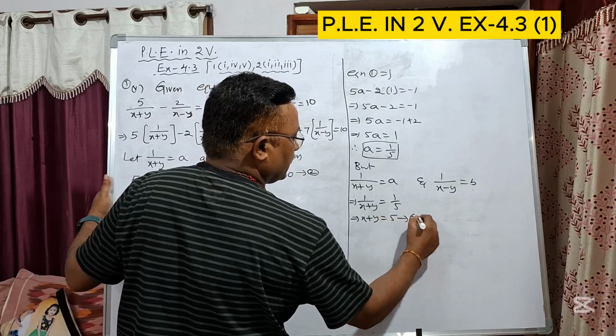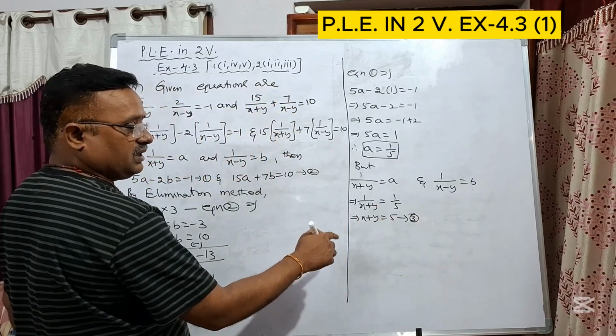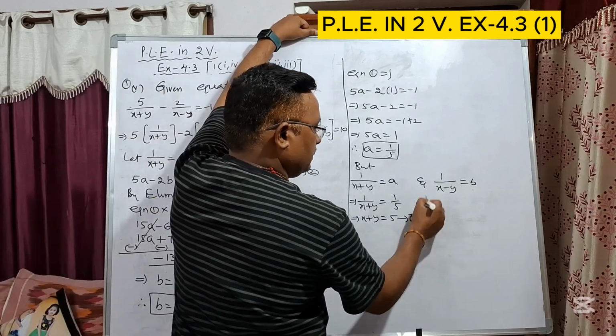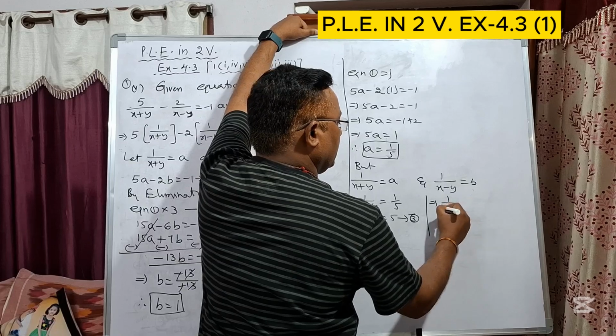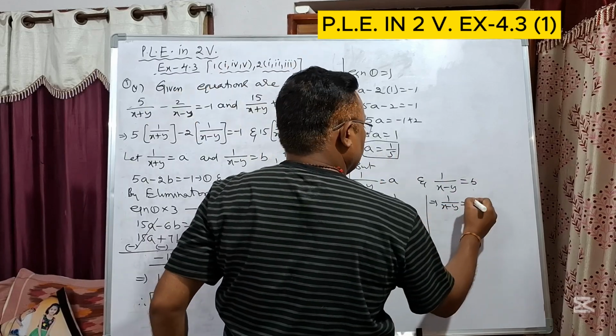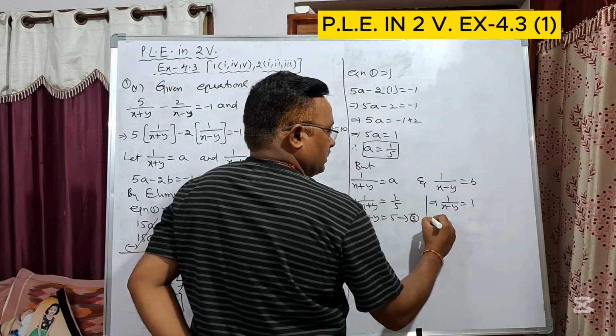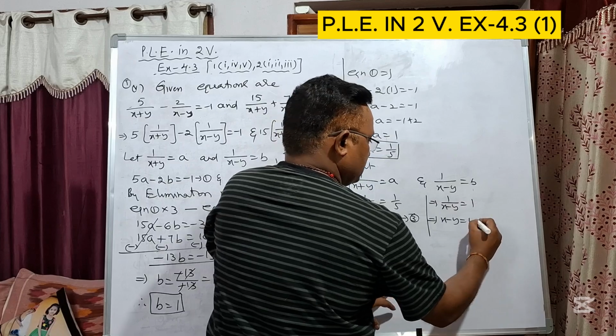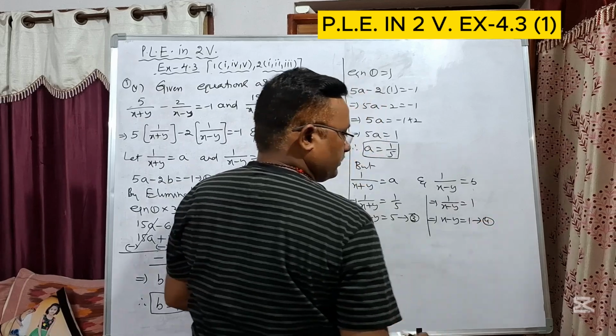This is equation 3, a new equation in terms of x y. So here also, this implies 1 by x minus y equal to b value, how much we got? 1. 1 means 1 by 1. That implies x minus y is equal to 1. This is equation 4.